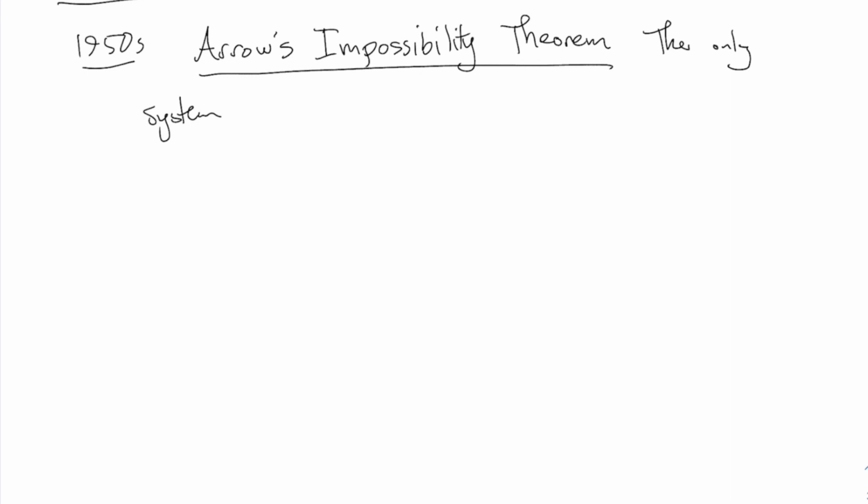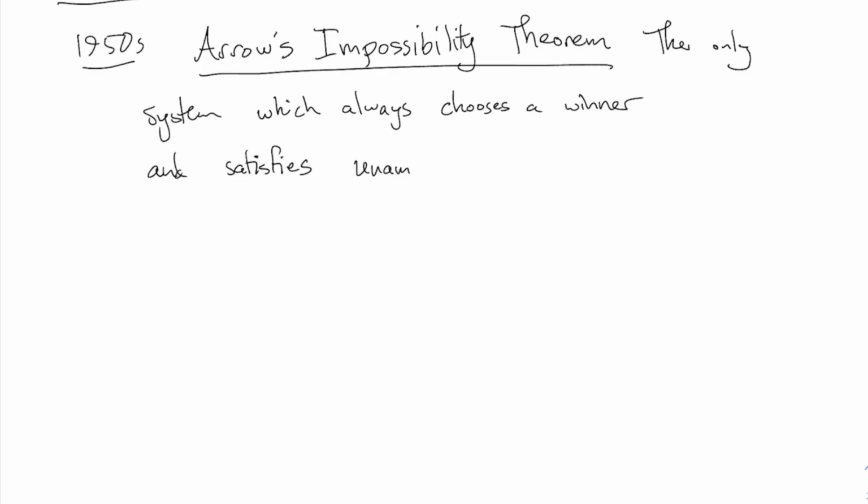The only system which always chooses a winner, so the Condorcet method is out, and satisfies unanimity, it's not even that you can't get all of them, and IIA. You can't even just get those two. The only system which always chooses a winner and satisfies unanimity and IIA is dictatorship.